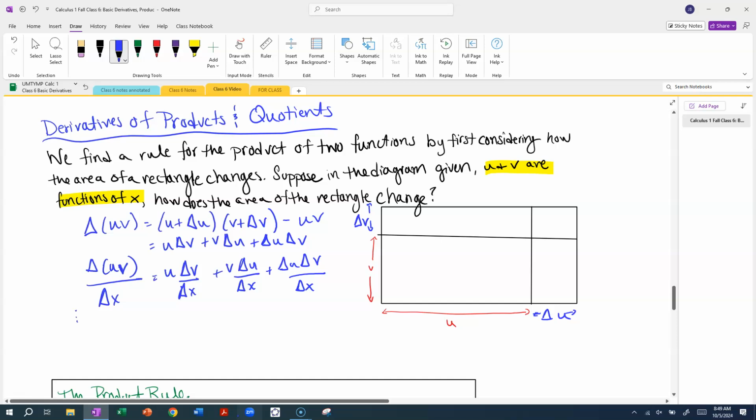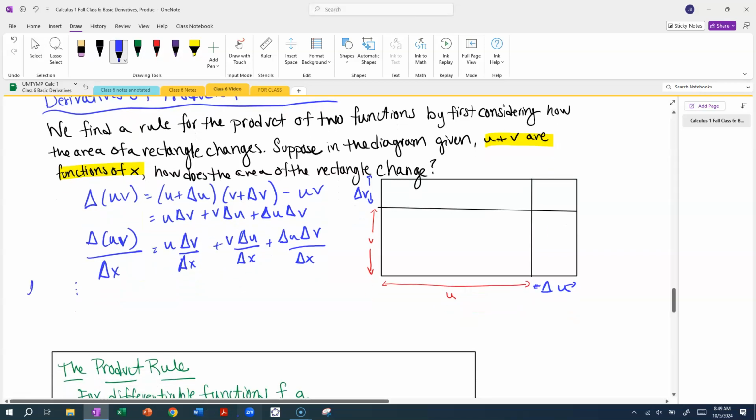There's a little bit more to the story here, but what we have to do is then do a limit as delta X goes to 0, and then what we end up with in terms of notation, this would be done through a limiting process. The left-hand side becomes d dx of uv, okay?